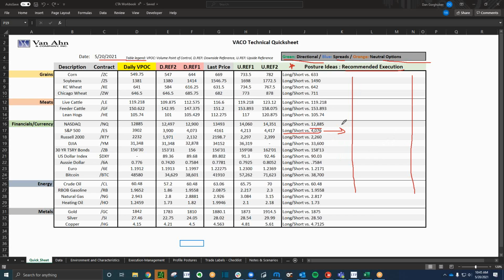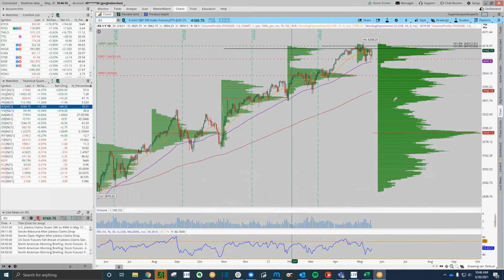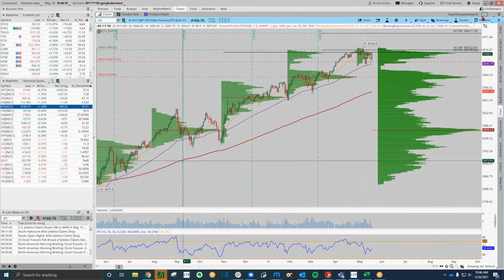There certainly could be some longer term implications at these levels, but as far as time frame goes, I would say shorter time frame to intermediate. I would consider it hours, days, and weeks as far as what you're looking at, how you're using these, and hopefully you guys can really see the benefits of it. I'll head on over to the chart here now. This is the S&P 500.